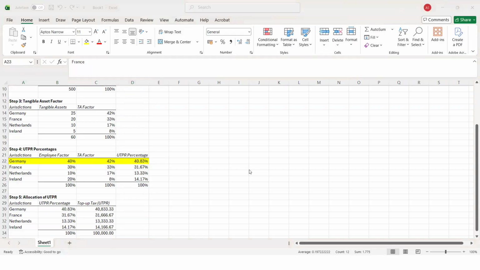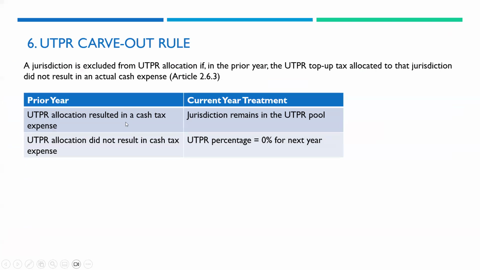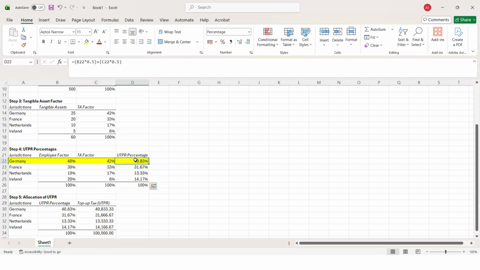This is called UTPR carve out. So if UTPR allocation results in a cash tax expense, then you will remain in the pool. But if UTPR allocation did not result in a cash tax expense in the last year, your UTPR percentage would be zero for the next year. Okay, your UTPR would be 0%, and the 100,000 would be segregated. Only these three entities would be taken for calculation.